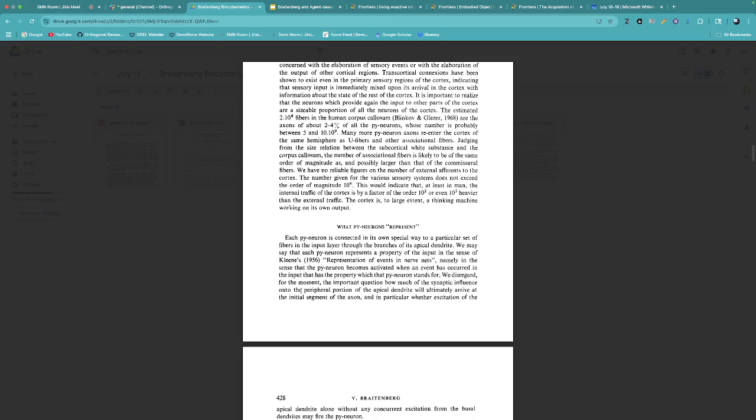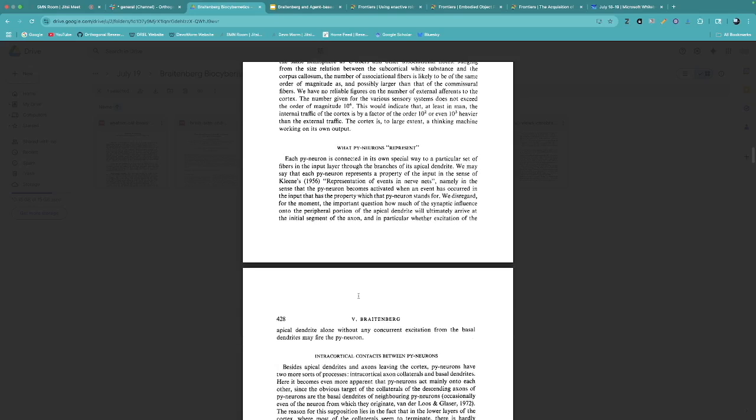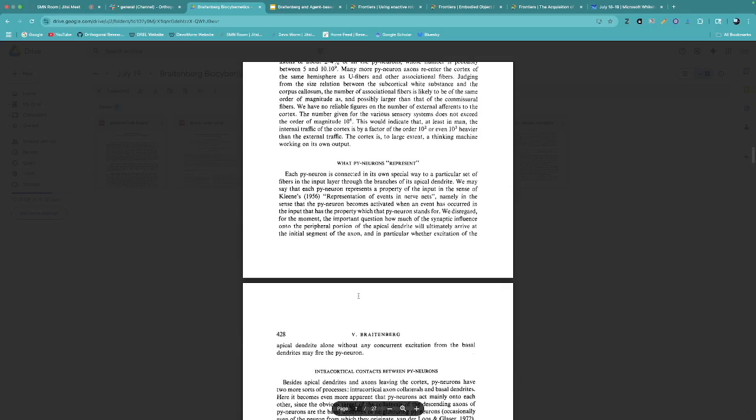We disregard, for the moment, the important question of how much synaptic influence under the peripheral portion of the apical dendrite will ultimately arrive at the initial segment of the axon." But we can model this anyways.